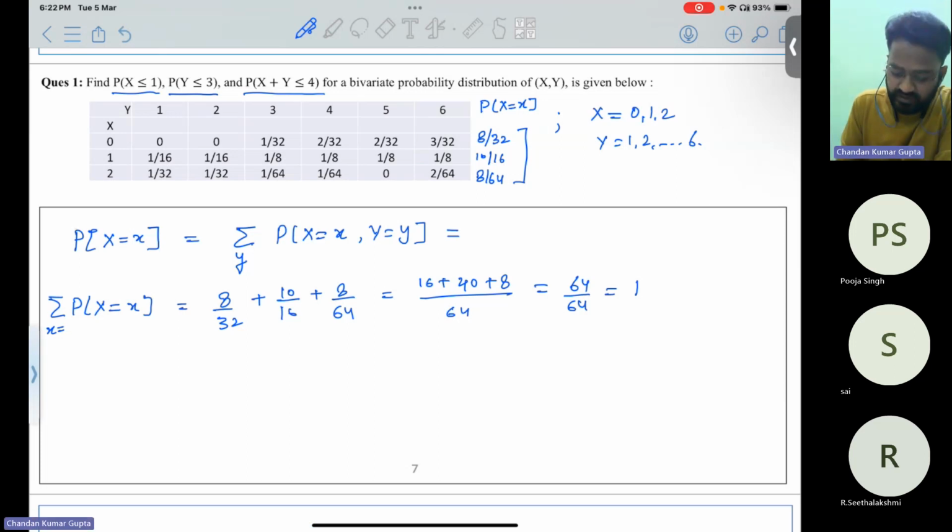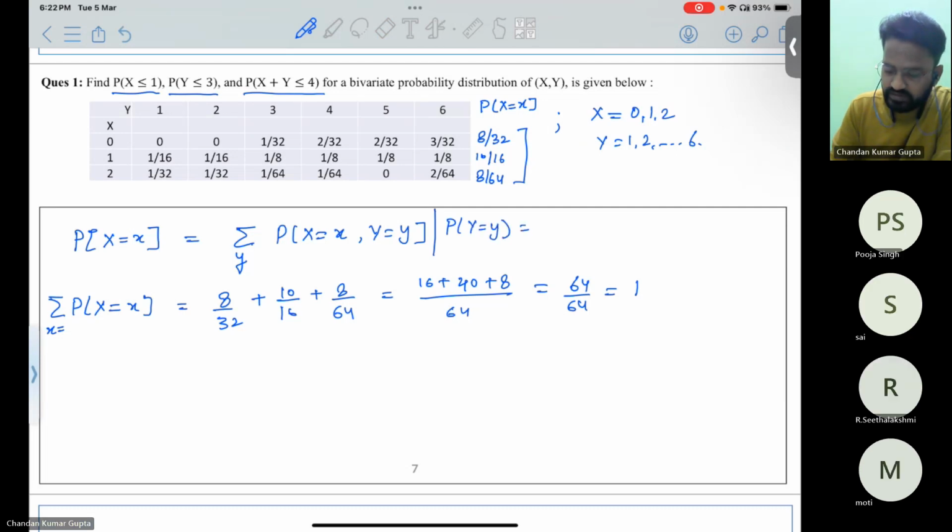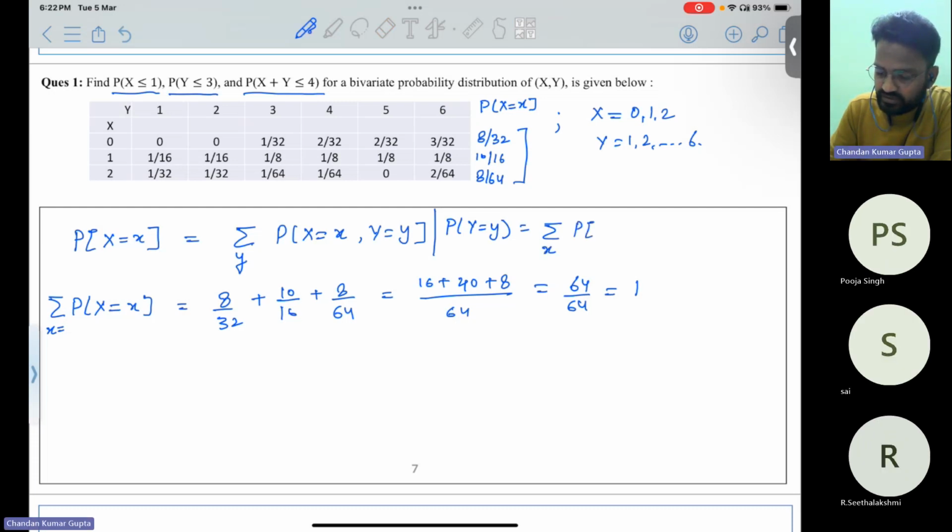In the same manner, to calculate the marginal PDF of the y variable, we take the summation over x of the joint distribution. So for each value of y, we take the different values of x. It is written like this.